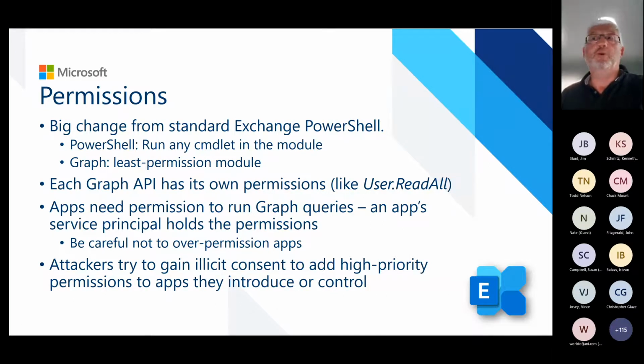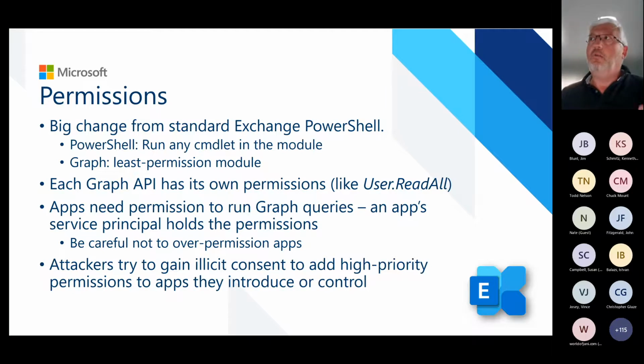So if I was to go onto a tenant that uses the Graph SDK interactively rather than running jobs in batch, I bet you that service principal has a ton of permissions.